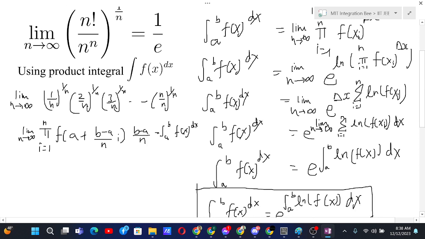Now over here, b minus a is not there, since b minus a by n is actually delta x, it will be an exponent.